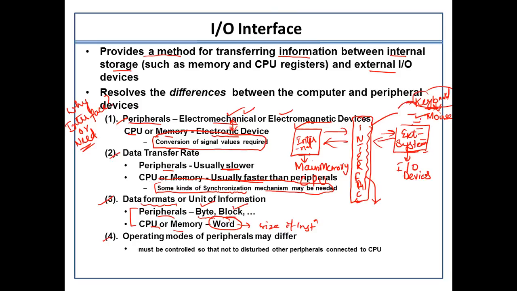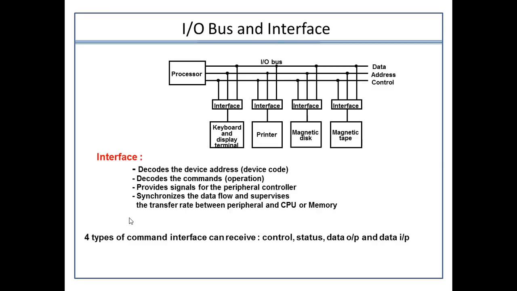So I need to convert these different operating mechanisms into one standard one, so that the internal machine can easily understand the kind of input being generated by these input devices. That's why we will need the interfaces for them. So these are all the reasons why we require interfaces between these internal as well as external devices. Now let's discuss more about the interface.